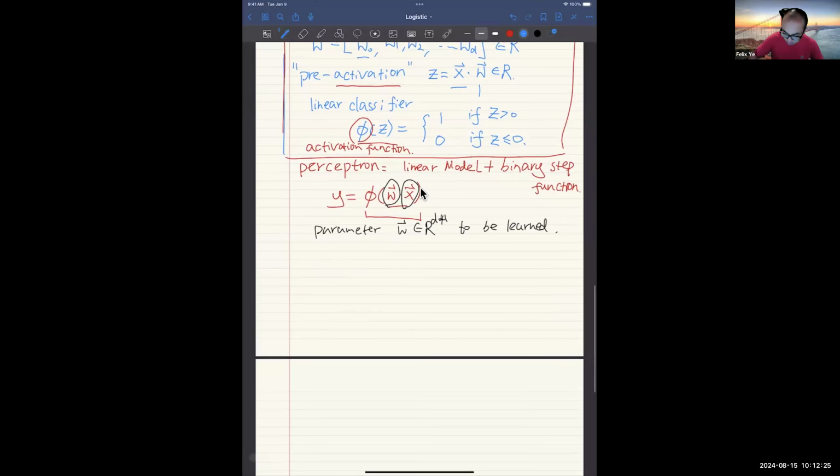So in geometry, what does that actually mean? It is the following. Say we have 2D data, with some circles right here and some crosses right here. What the perceptron is doing is trying to learn a straight line, which is basically y equal to xw right here.